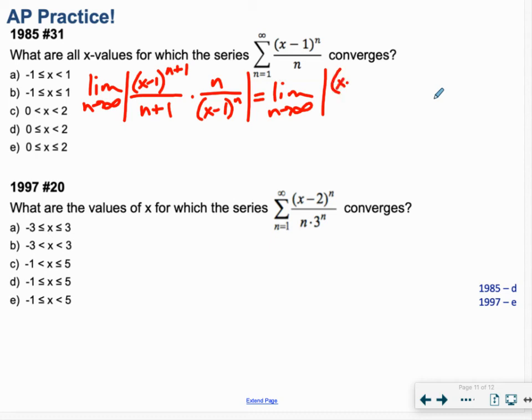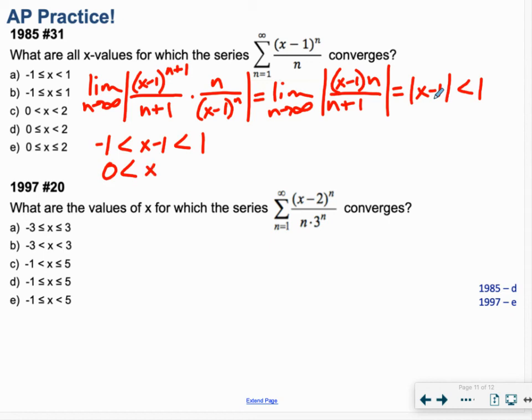You're just left with x minus 1 on top times n over n plus 1. N over n plus 1 goes to 1. So you're just left with the absolute value of x minus 1 less than 1. So once again, we have -1 less than x minus 1 less than 1. Add 1 to all three sides. So that's our open interval of convergence.